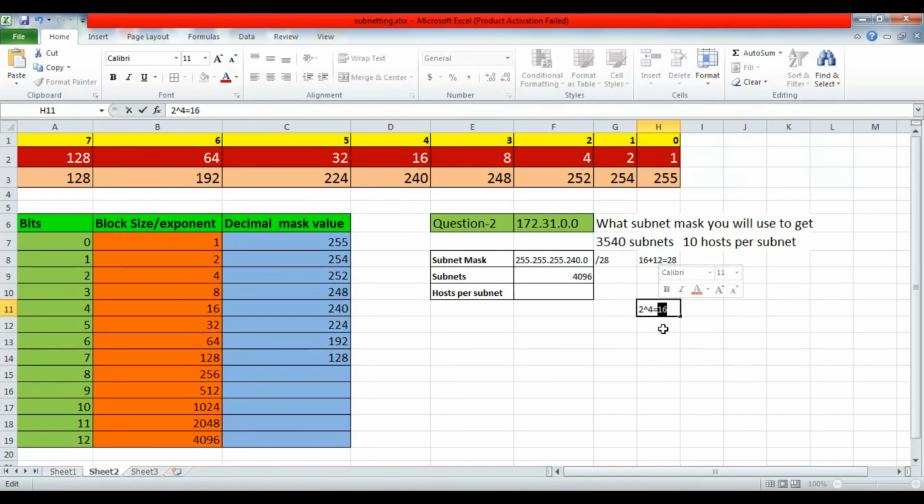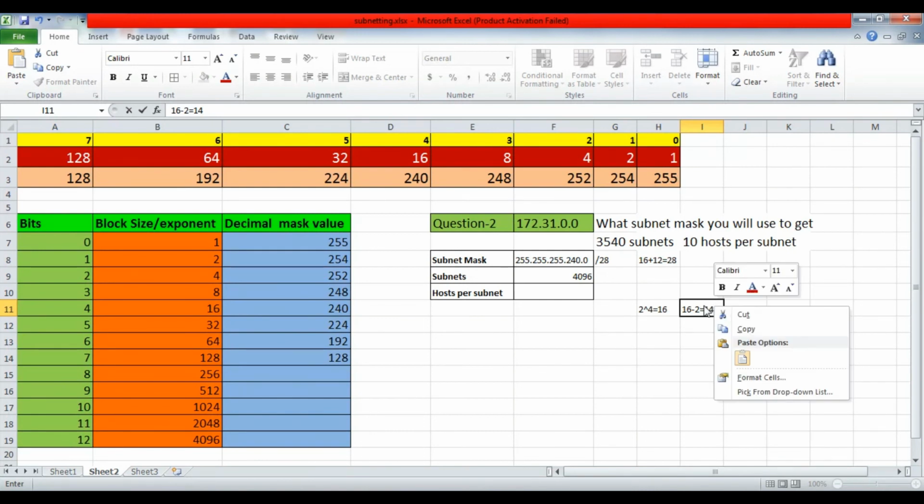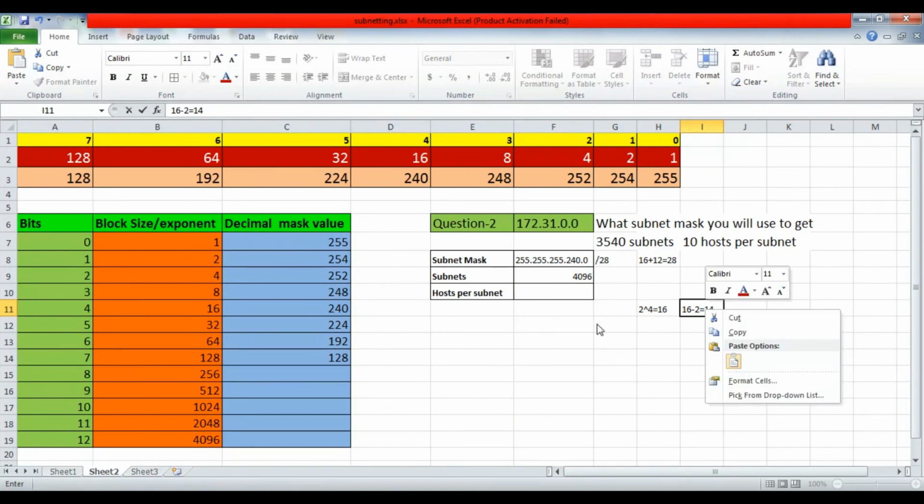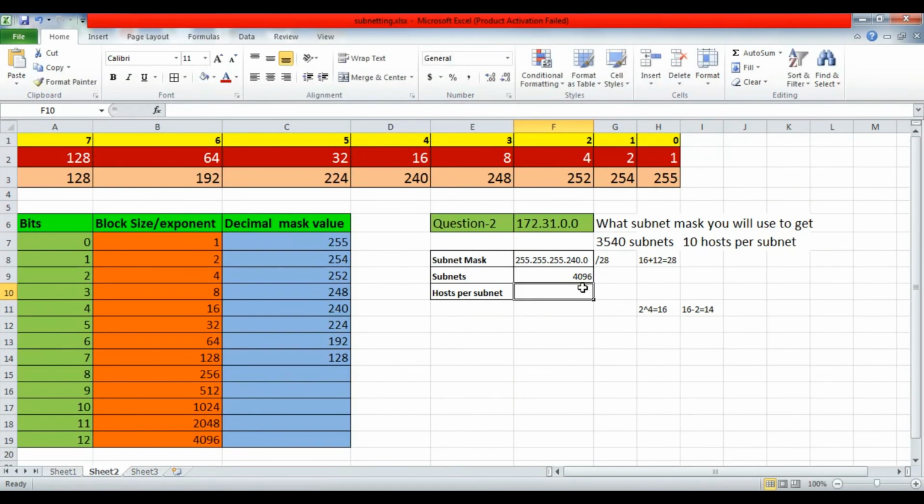So we will use 16 minus 2, which is equal to 14. So we will have 14 hosts per subnet. We can write 14 here. So we have found the answer.